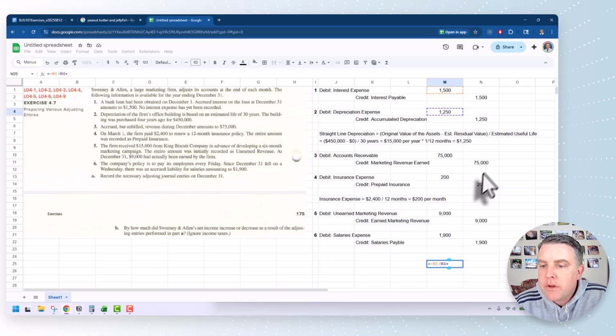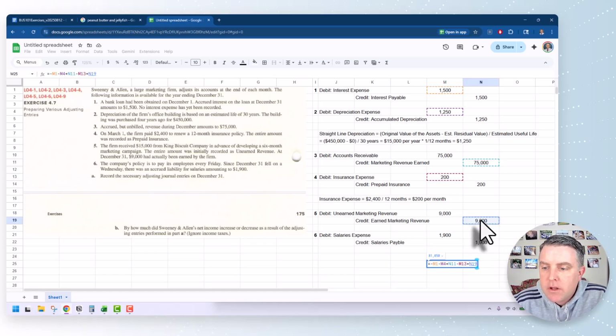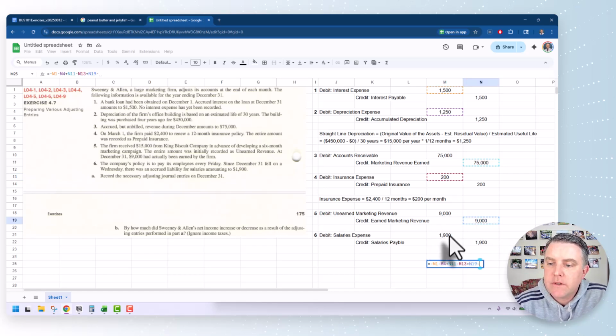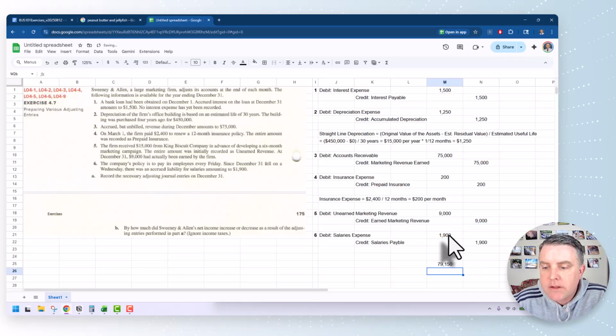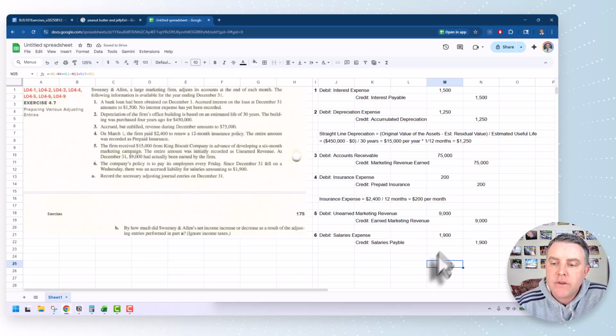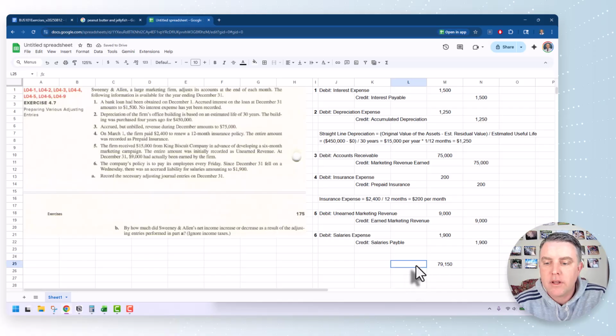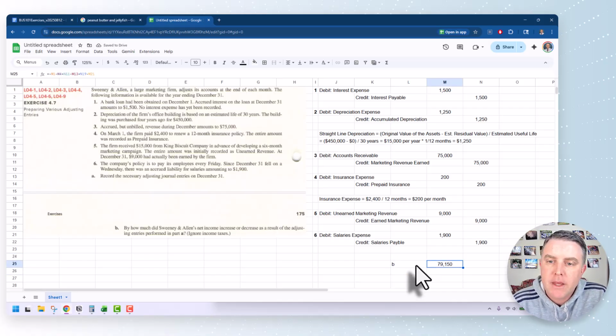Then we had revenue of $75,000 here. And then we had expense for $200 here. And then we had marketing revenue here of $9,000. And then we had salaries expense of $1,900. And so the net impact is a $79,150 increase in net income. So that would be your answer to part B.